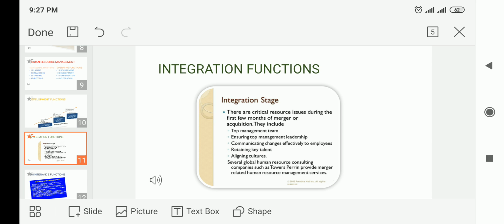Whatever changes there are need to be communicated, and you have to tell your employees. Retaining key talent. You need to retain key talent. Aligning the cultures. You need to make changes in the culture. Several global human resource consulting companies such as Towers Perrin provide merger-related HRM services. This is again very important. These types of companies are also there to help you with mergers.